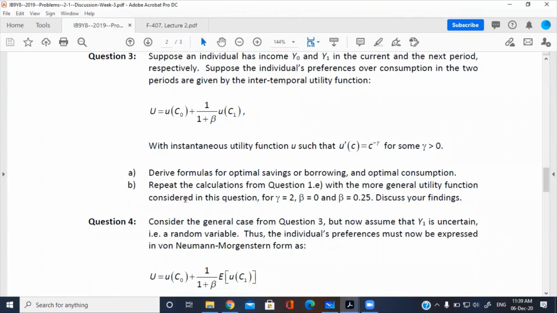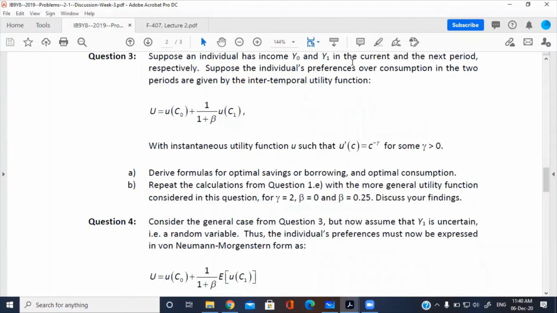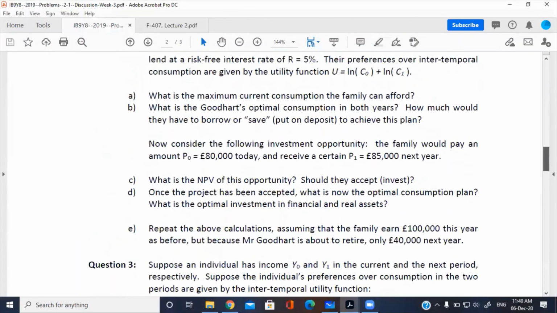Okay, you see, repeat the calculation from question 1E. There is a mistake, it should be 2E. It should be 2E, okay, not 1E. That means which 2E? This one. Okay, this is question 2.